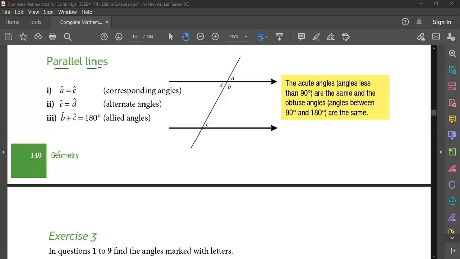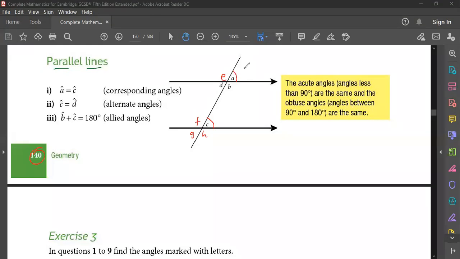On page 140 in your book, we have two parallel lines, and this line is cutting both of them. So there is a relationship between the angles. Let me name them A, B, C, D, E, F, G, and H. What is the relationship between A and C?